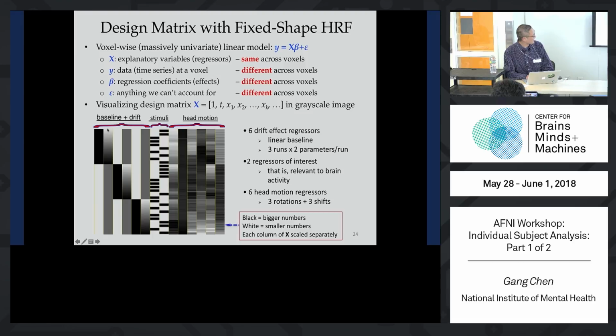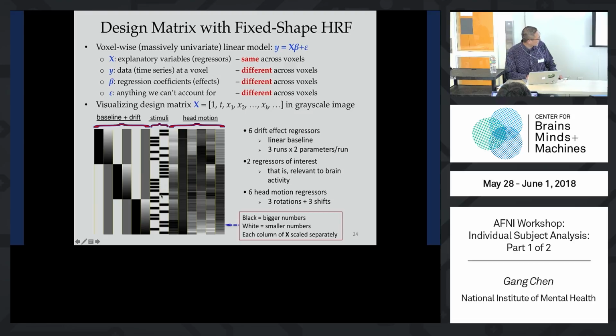This is the linear drift, so you go from white to dark gradually. For the rest, that's the first run, so for the second and third run you don't have anything. Same thing when we switch to the second run and third run. So that's how the baseline and the slow drift look.